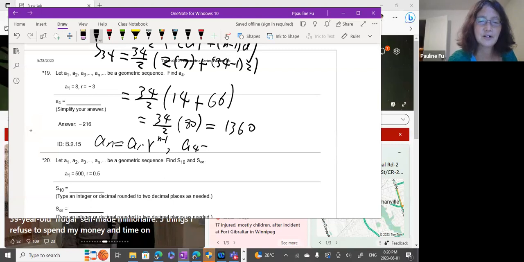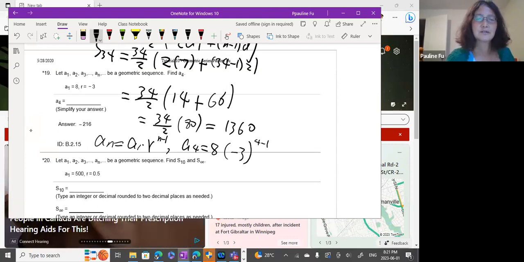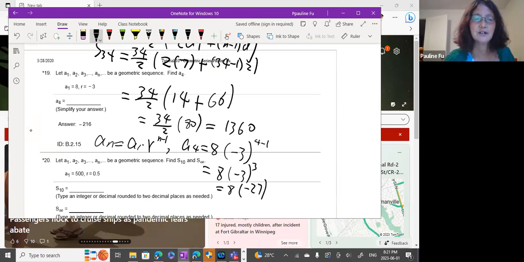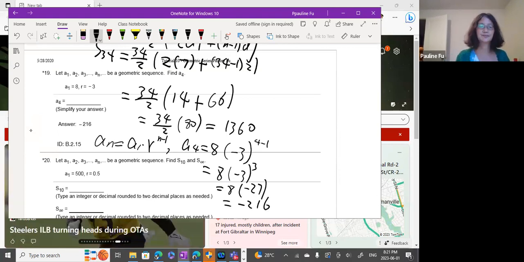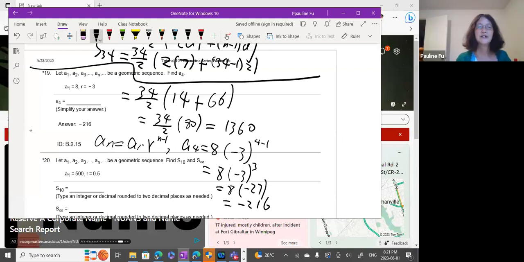So A4 is A1, A1 is given 8, r is given negative 3, n is 4. Okay. So 8 times negative 3 raised to power 3. So 8 times negative 27. So it's going to be negative 216.